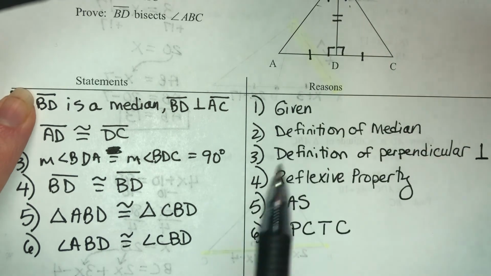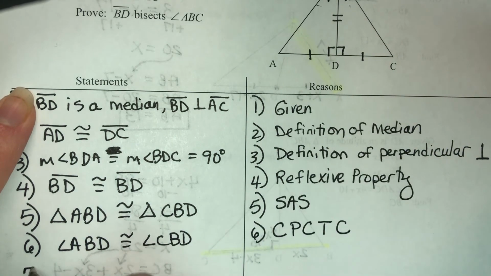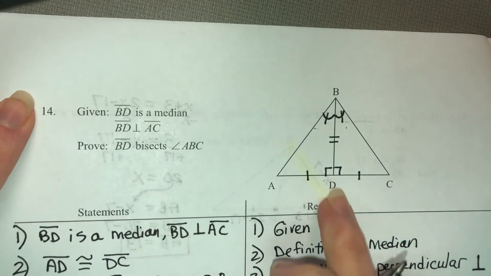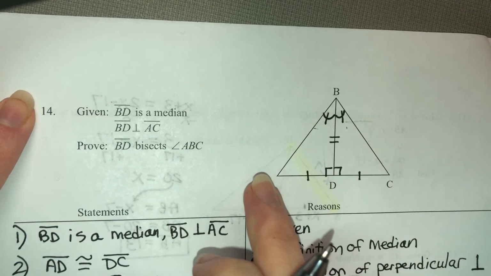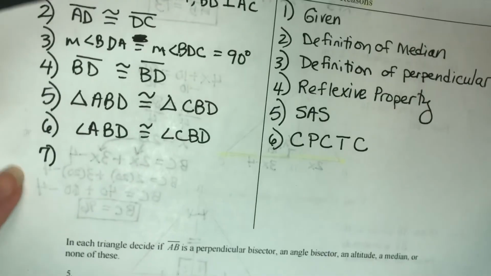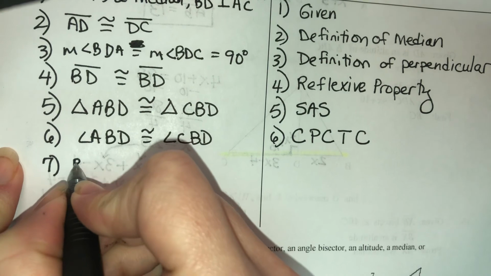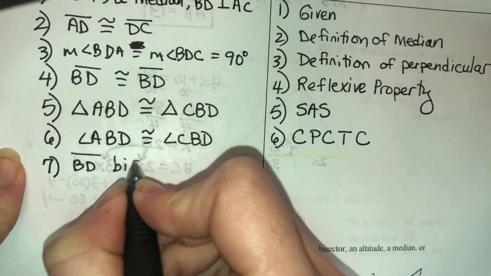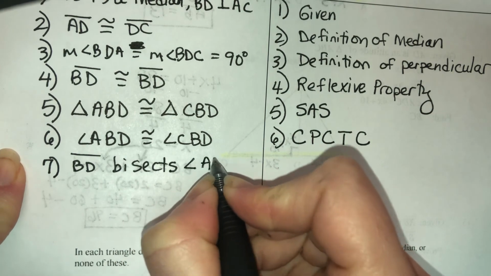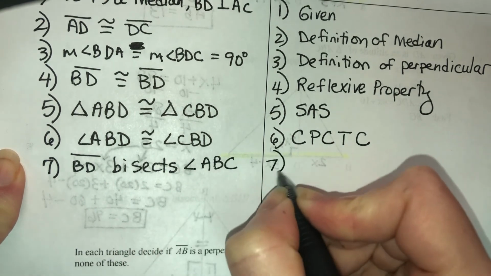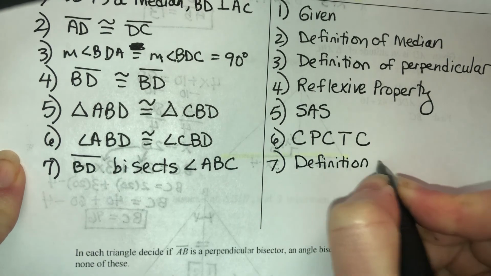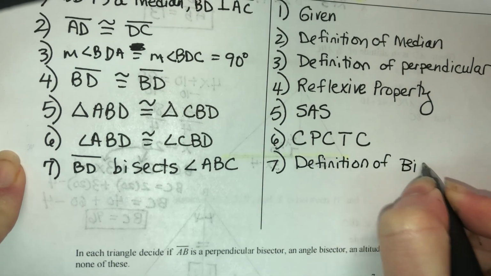Now, if those angles are the same, then we can use our proof statement. BD bisects angle ABC by the definition of bisect.